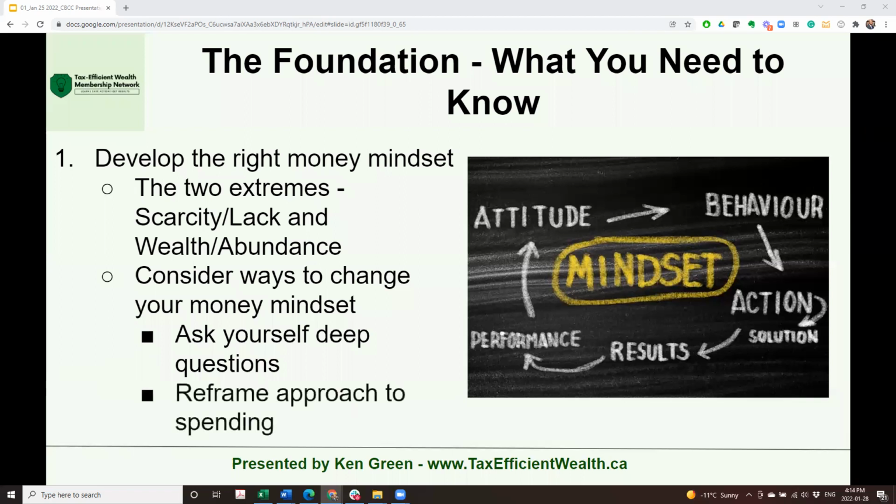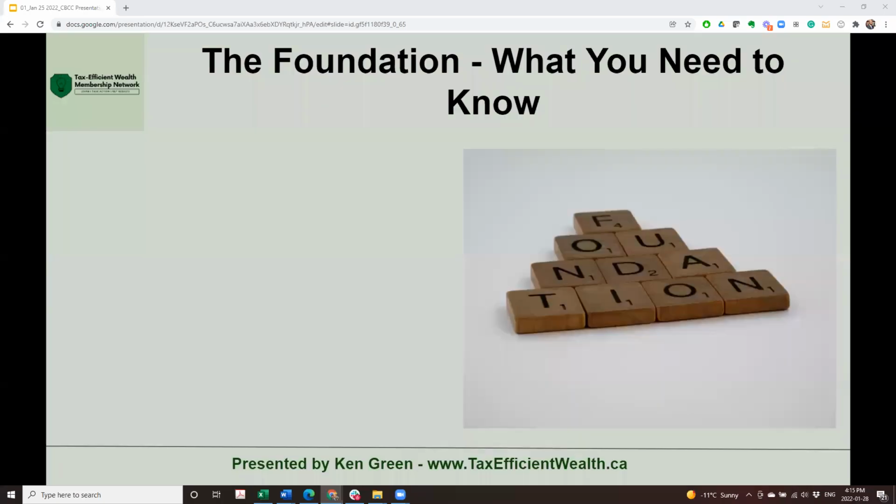Then you begin to look for ways to reframe your approach to spending, particularly if you suffer from what I call lifestyle creep, where your spending is always rising to match your rising income. Later, I'm going to share a resource with you where you can take a 2-minute money mindset test to give you a sense of your current money mindset. I encourage you to take it and start looking for ways to work on and improve your money mindset.